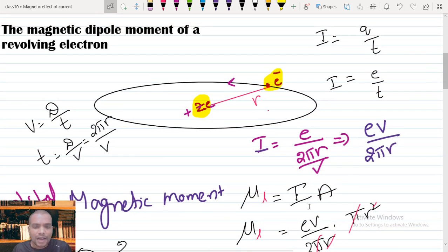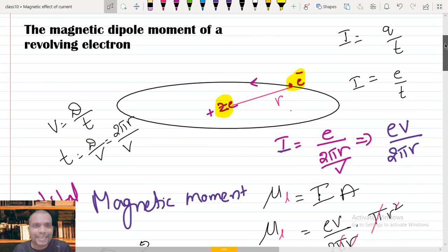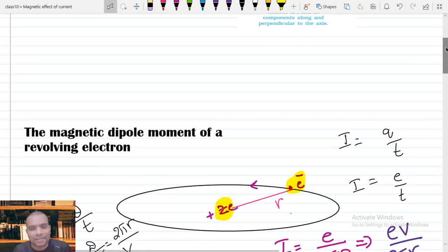So finally I conclude here: we find a magnetic moment at an elementary level for an electron, which we define in terms of two things, the orbital magnetic moment and the spin magnetic moment. We don't talk much about the spin magnetic moment, it is much more complicated, but our scope permits us to know in detail about the orbital magnetic moment.